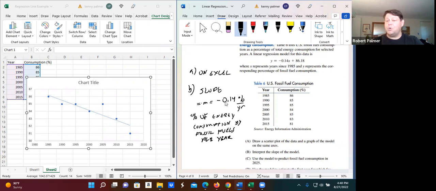As we see, it's decreasing, and that's based on the slope of this line. That's how much it's decreasing per year, based on the slope of the line.